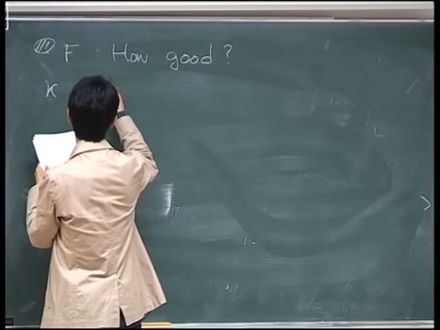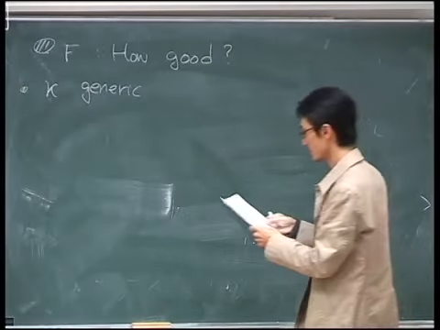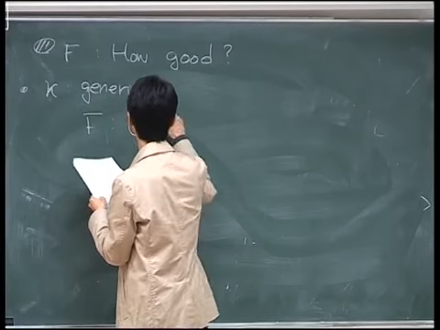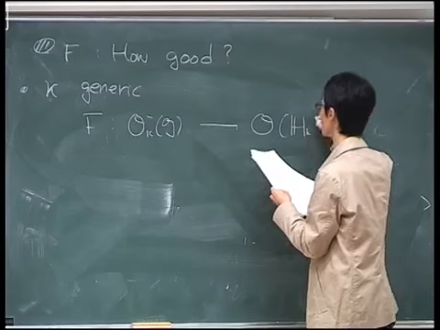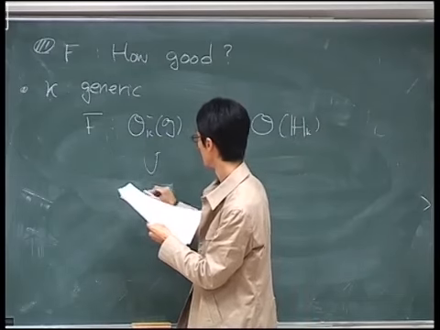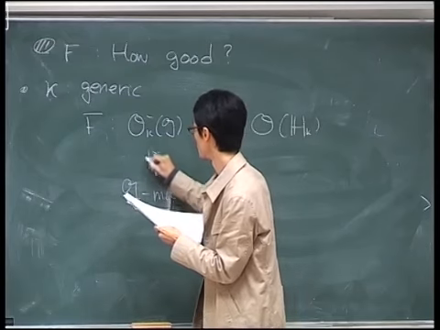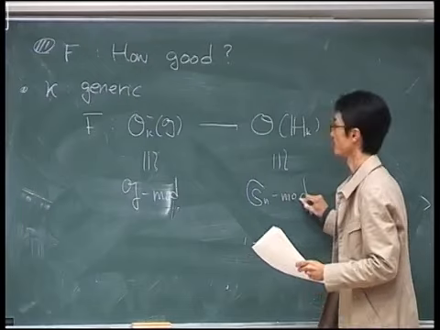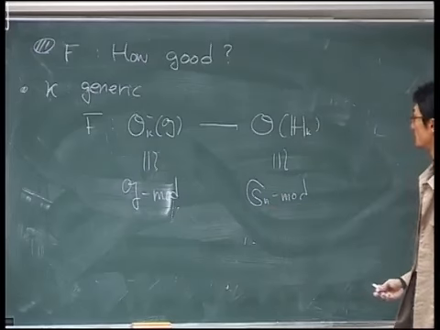Okay, so first, the case kappa generic. Then these categories become semisimple. So this is more or less the same as the modules of finite G and the module category of the symmetric group.